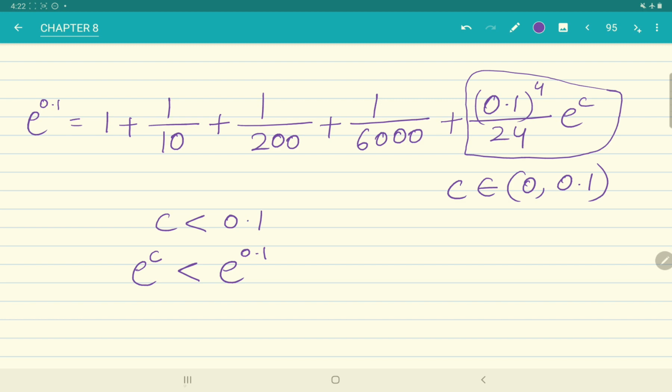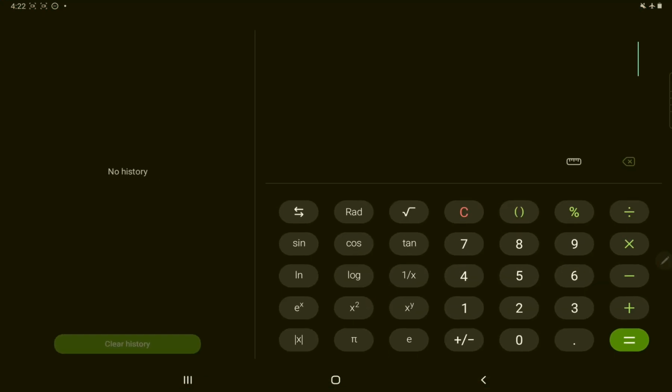So I can now calculate from the calculator what is e raised to the power 0.1.